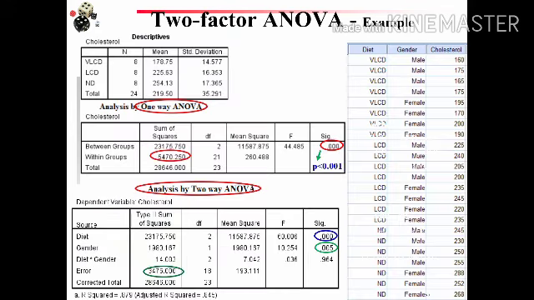And here you can see the SPSS output of the given example. Here you can see the mean cholesterol level for the different treatment programs, that is VLCD, LCD and ND. The corresponding mean levels of cholesterol are given in the first descriptive table.